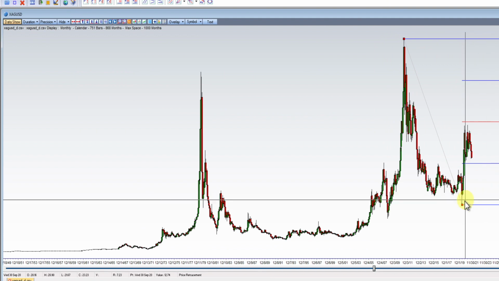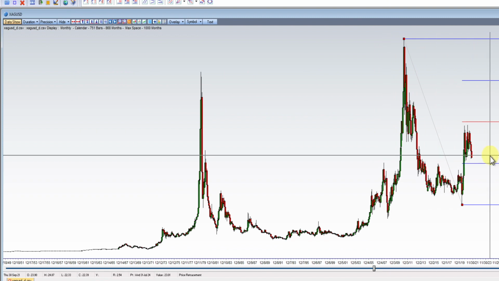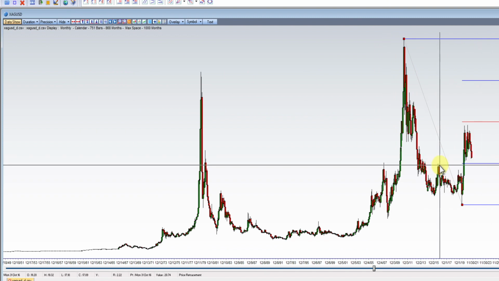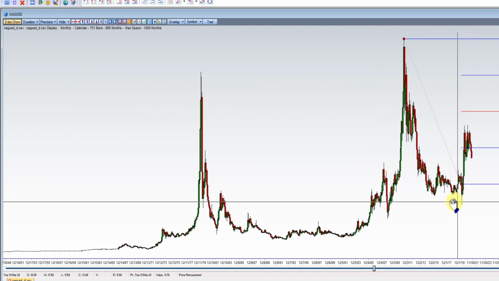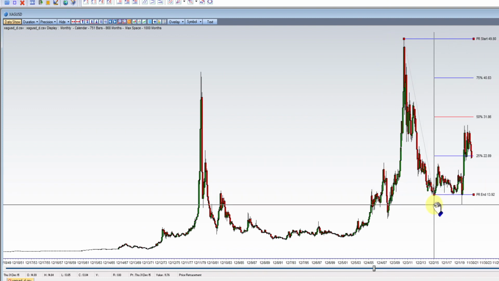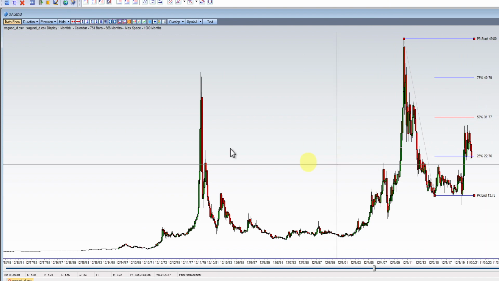So from that measurement, 21.14, good buying opportunity if it ever gets down there, because you got the 25% and this as support, those pivots. Let's leave it here. You're hovering around 25%.